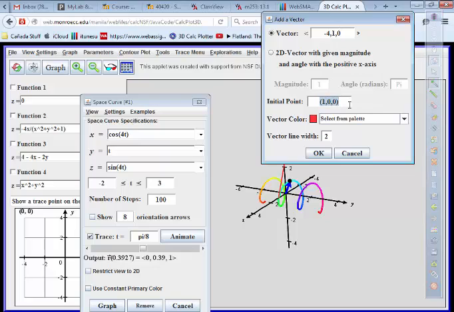But this time, let's move the point somewhere else. The initial point. Where should the initial point be? So look at your function, r, the original one, and put pi over 8 in for t. 0, pi over 8, and 1.